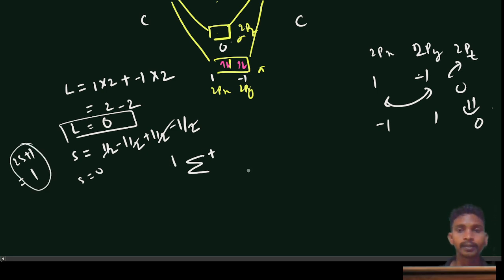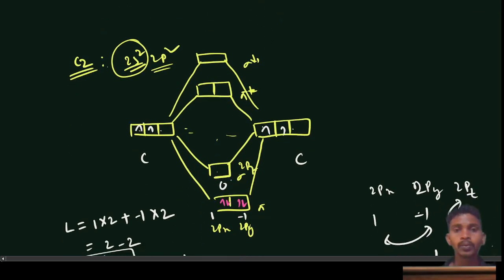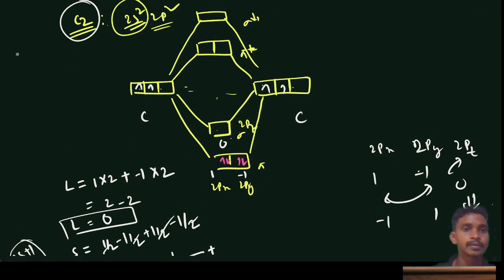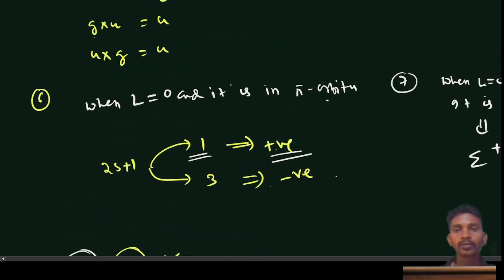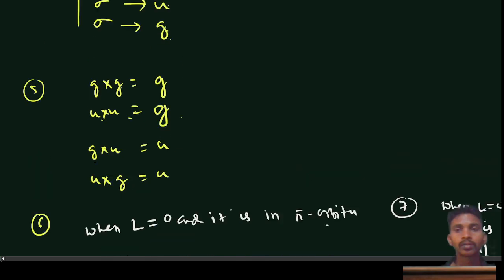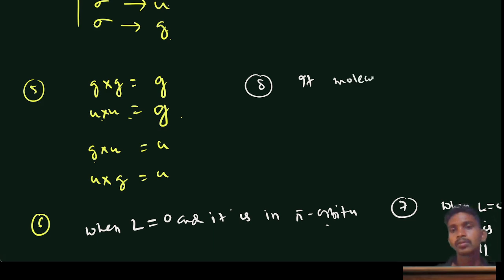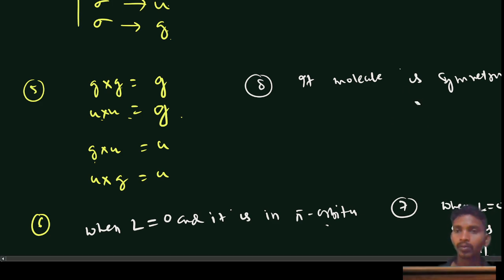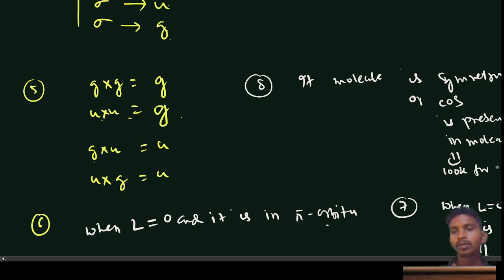Now, whether it is zeroed or unzeroed, how will you look at this, for example carbon dioxide? If the molecule is symmetric, or a center of symmetry is present in the molecule, then only look for zeroed or unzeroed.